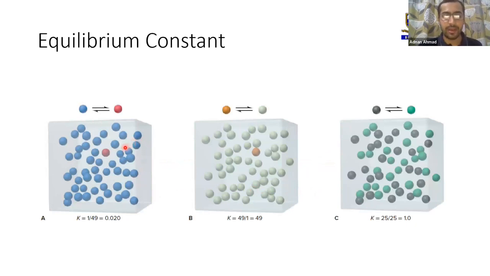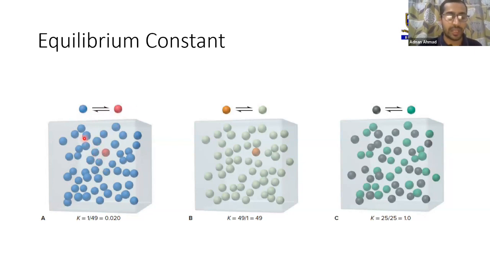Looking at the colors representing the chemical species, here we have a blue color, and here a red color. So this is the reactant, and this is the product.